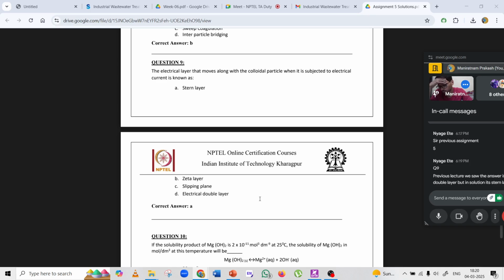Let me confirm once. As far as I know, a Stern layer is a part of the electrical double layer. When potential or electrical current is applied, there are two parts, the Stern layer and another layer, and both of them move. So the correct answer will be D, electrical double layer.